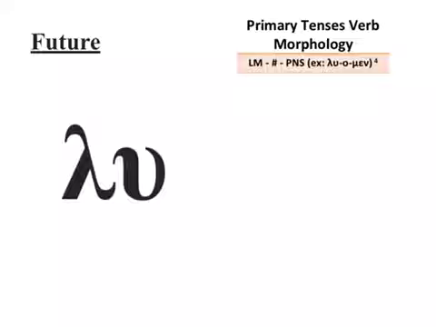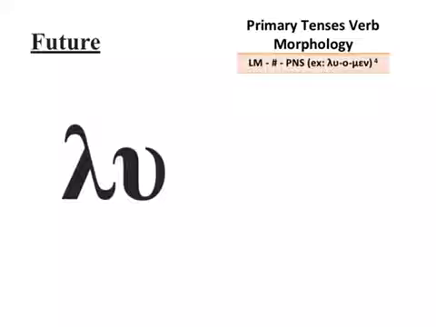So future is pretty simple. If we look at what we already know, we have primary tense morphology. We have the lexical morpheme, which is lu, right? And let's just do luomen for our example.